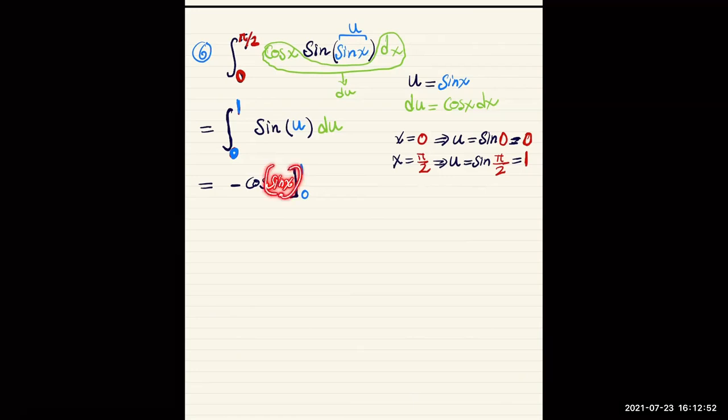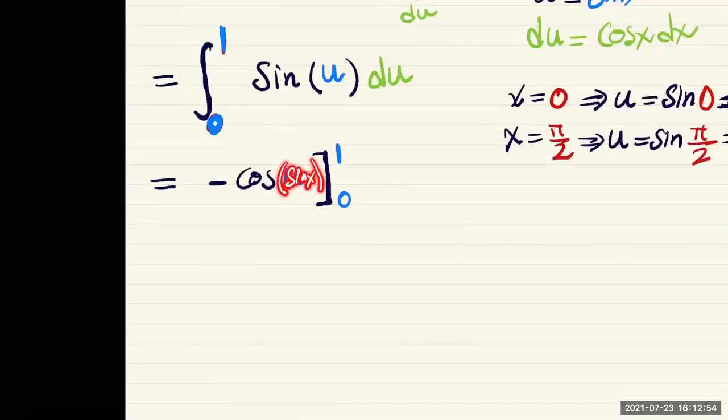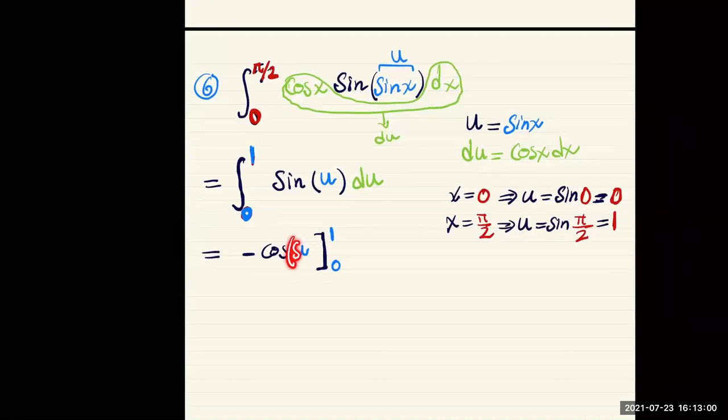If I left this as negative cosine of sine x and substituted it back, then I would have to use the original limits of integration, which are 0 to pi over 2. That's what I would have to do if I wanted to change back to x.